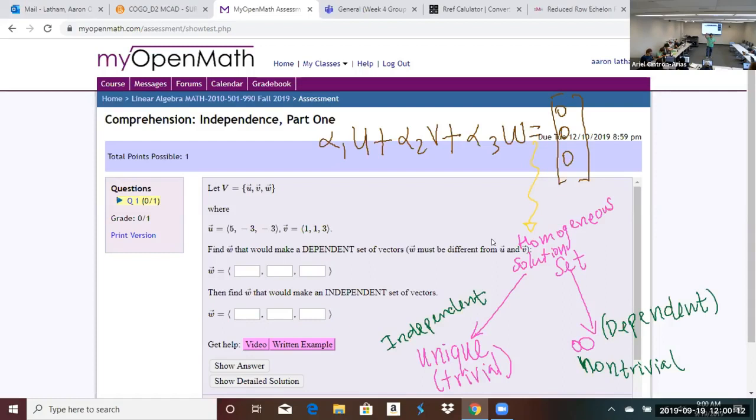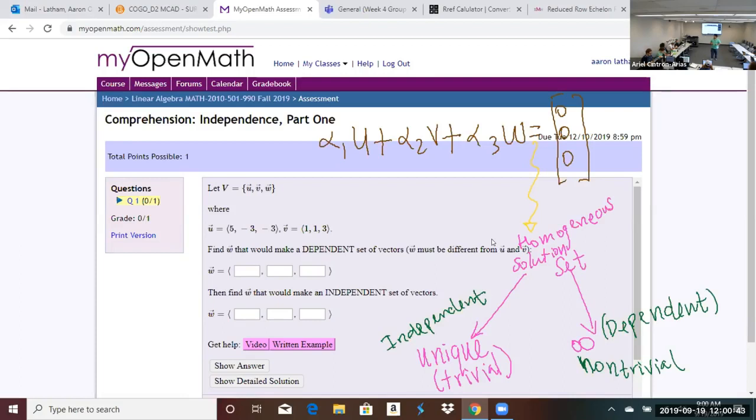You could have one of the members being a sublinear combination of the other ones, and that would make the whole set dependent. In that sense, there are repetitions, okay? So the way this is phrased, find w that would make the set dependent. If you take a linear combination of u and v, you can find that w.